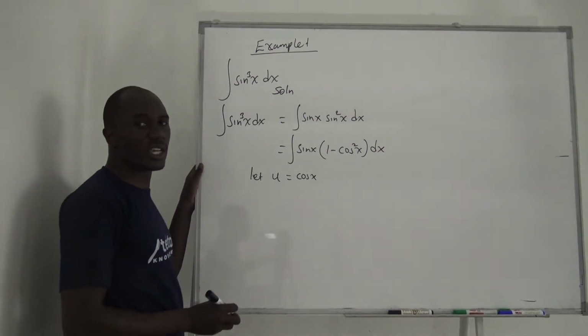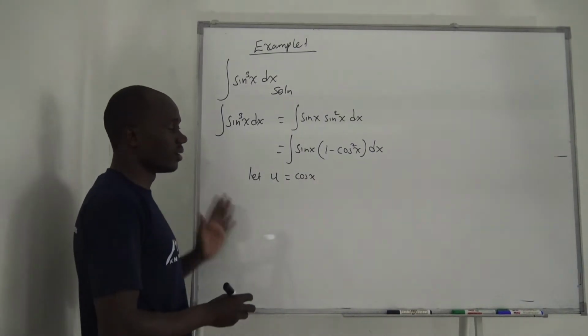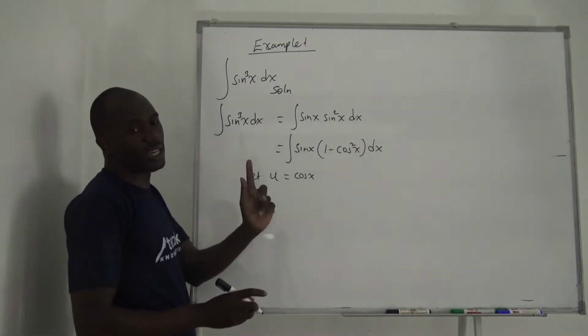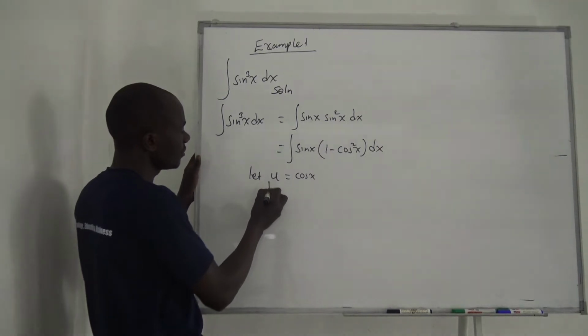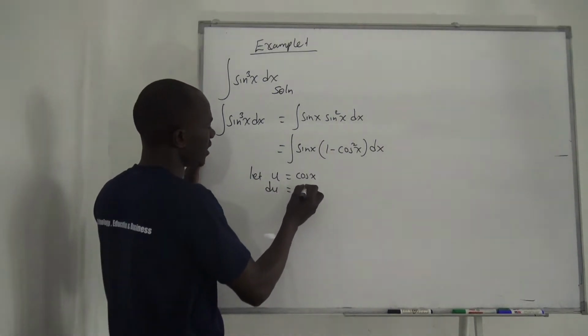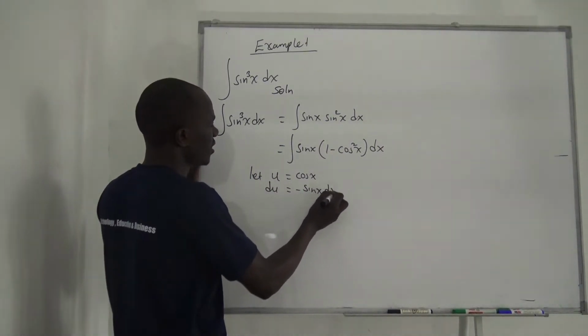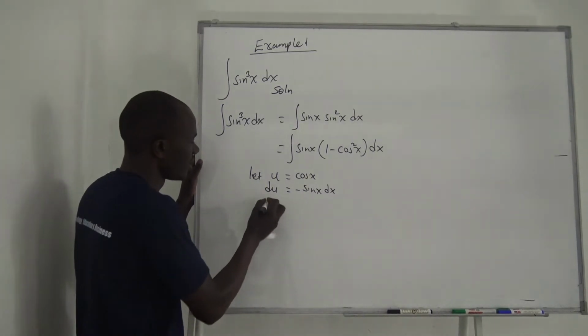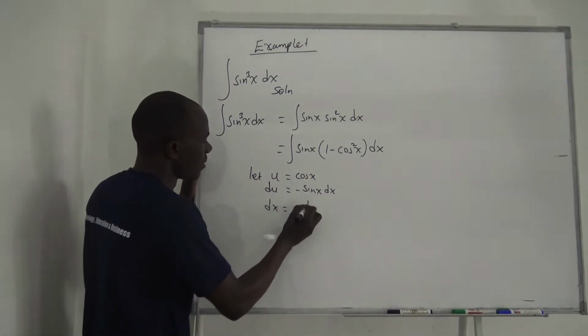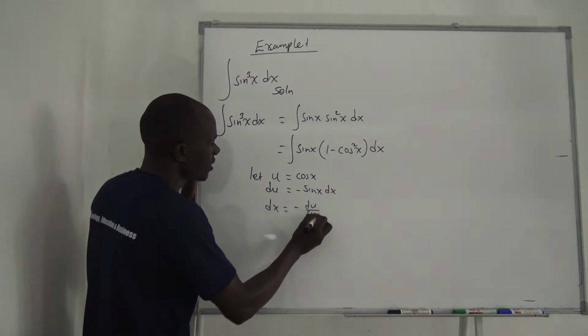When we differentiate a cos, we get a negative sign, as we saw in trigonometry. du equals negative sine x dx. Making dx the subject, dx becomes negative du out of sine x.